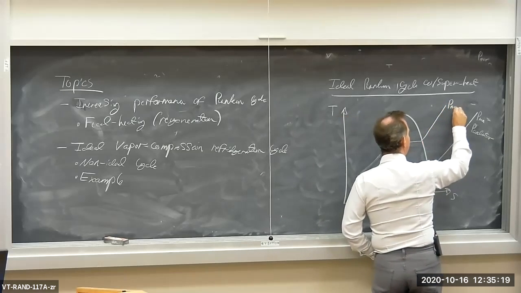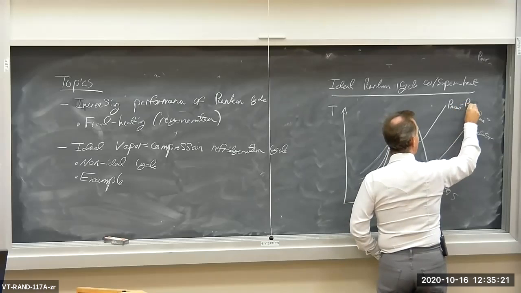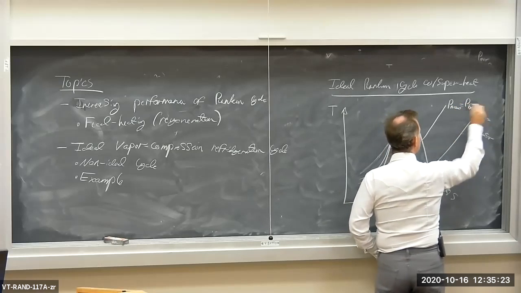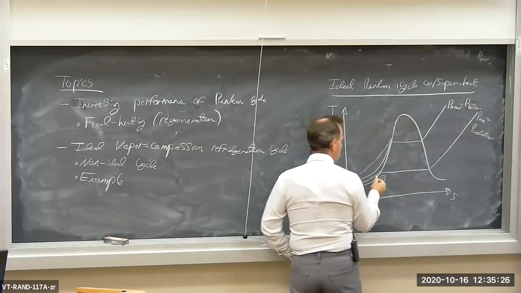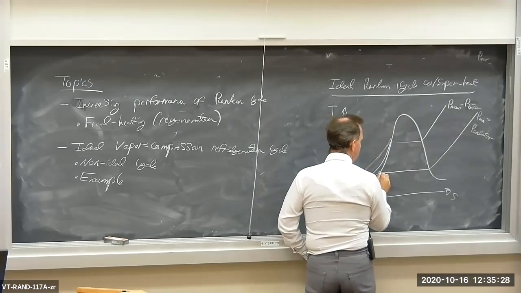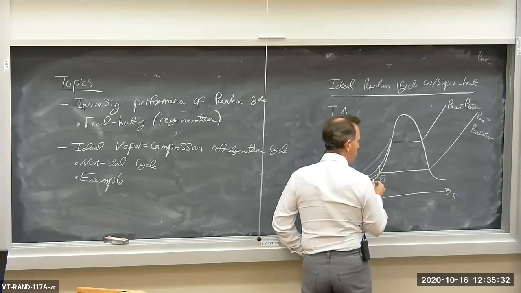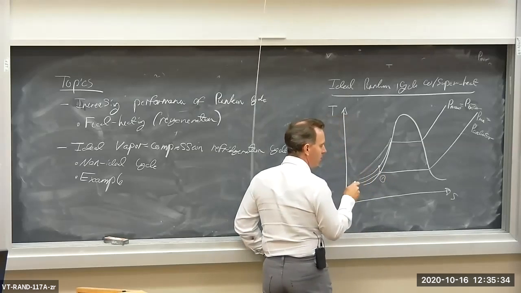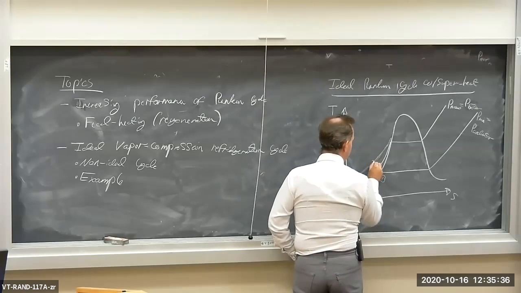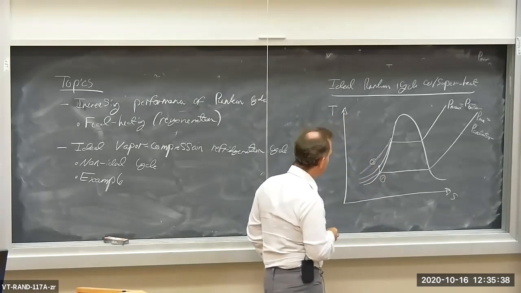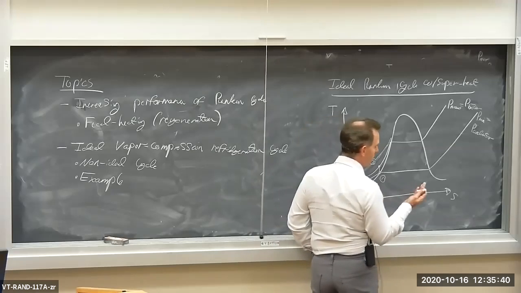So P max equals P boiler. So we start off with a saturated liquid, and then we isentropically compress, very small temperature change. It looks a little bit bigger than it does in real life here. Very small temperature change, but we go up to the P max isobar through a reversible pump.